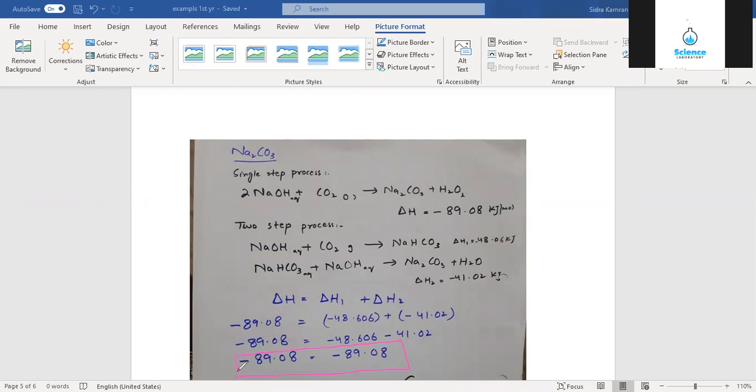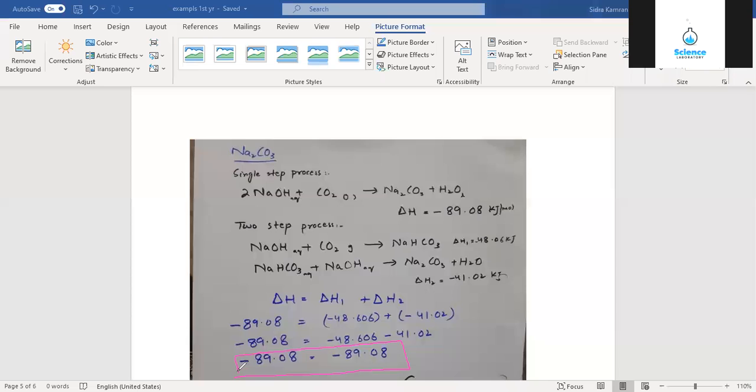This is the proof for Hess's law of heat summation, that if you are forming something, the change in enthalpy will be the same, no matter which route you have followed. If a chemical reaction takes place by several routes, the overall change is the same, regardless of the route by which the chemical change occurs, provided the initial and the final conditions are the same.